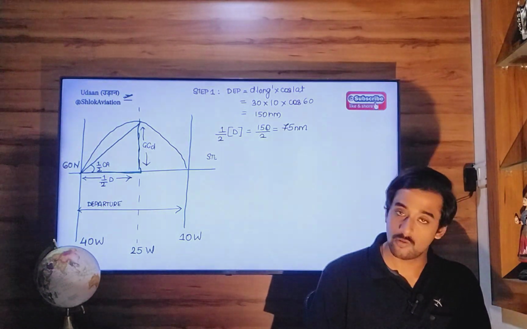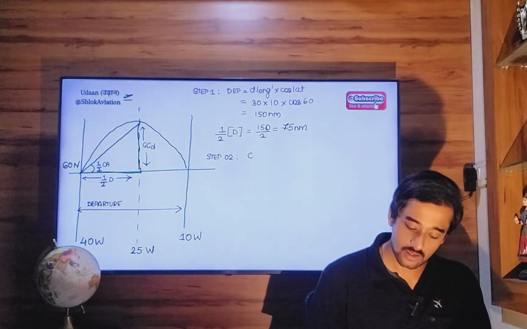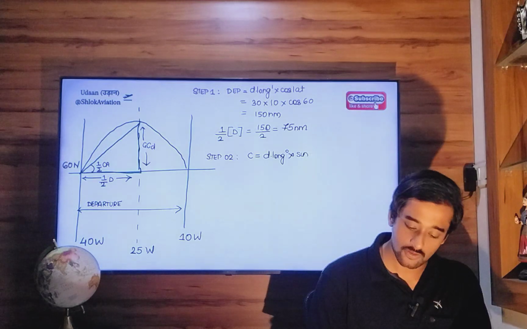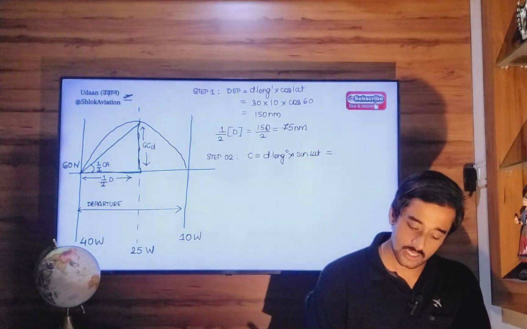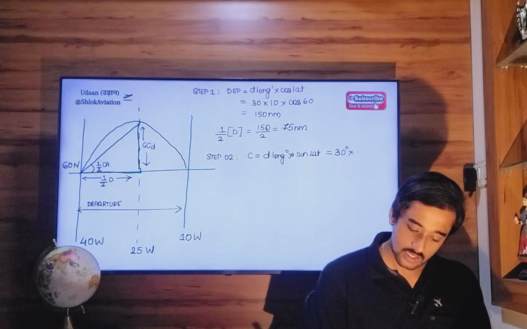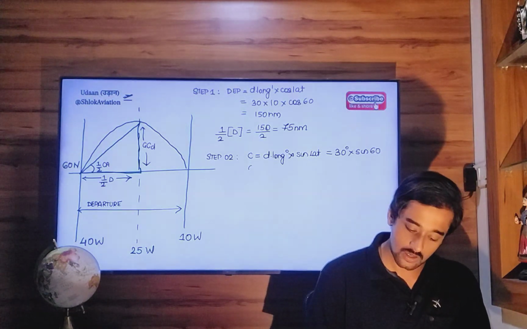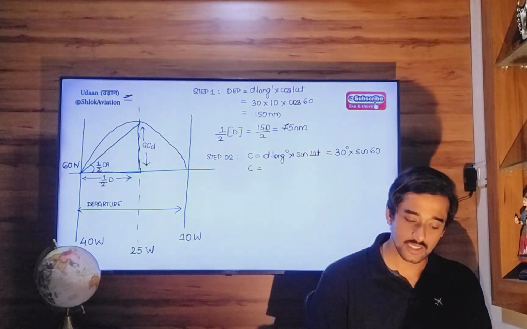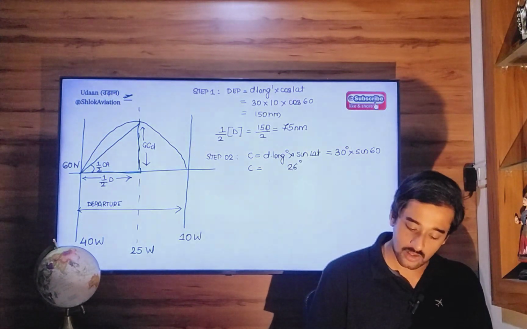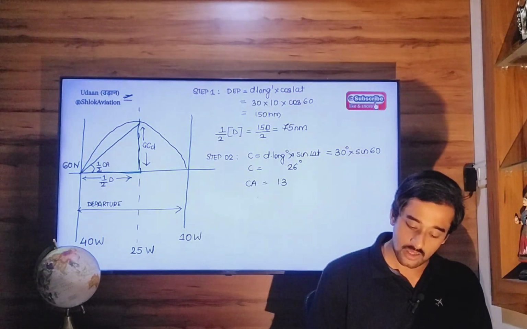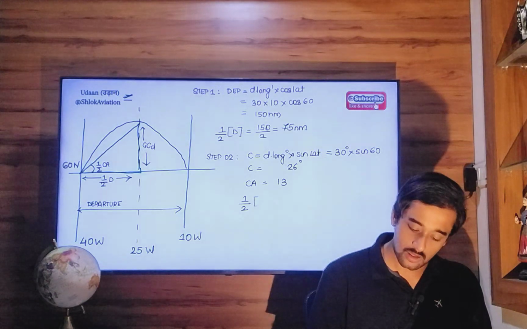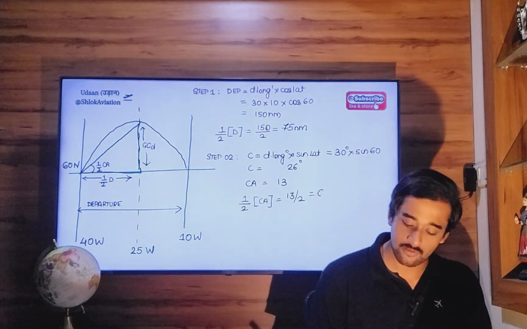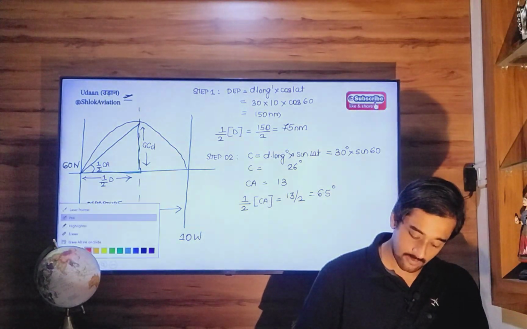Step number 2, convergency: D long in degrees into sine of lat. So D long is 30 degrees, sine of 60. So 30 into sine 60 is 26 degrees approximately. Convergency angle 13, half of that also will be equal to 6.5 degrees. So now we have these values.